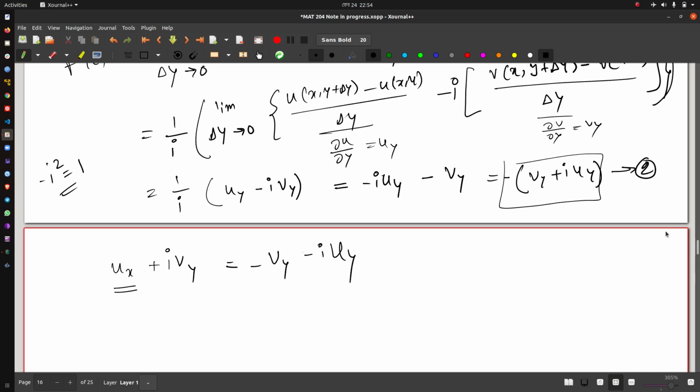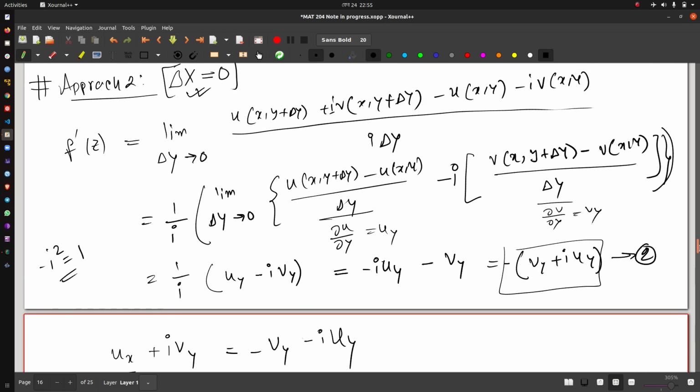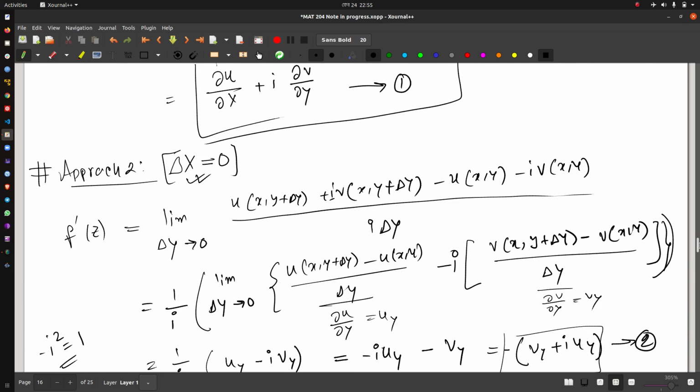Okay, I think there is a sign mistake by me. Yeah, I made a mistake over here. That is a mistake in sign. So let's try to recheck our calculation. As you can see, all these signs over here are correct. So what went wrong? Let's try to trace it.